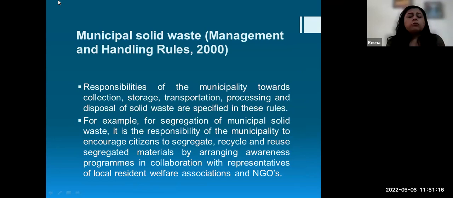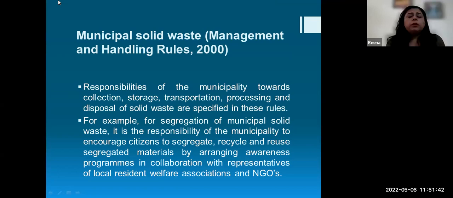Then in municipal waste, responsibility was given to the municipality towards collection, storage, transportation, and segregation of municipal solid waste. But the municipality has to encourage citizens to segregate. So the part of citizens of our country comes into the picture, that we have to ensure that we segregate materials.